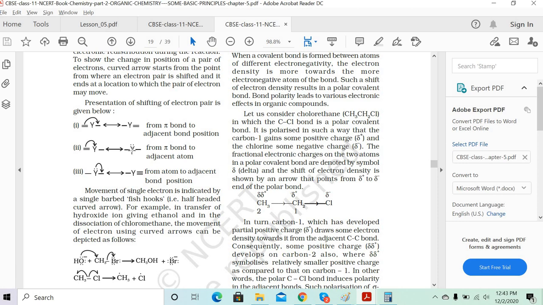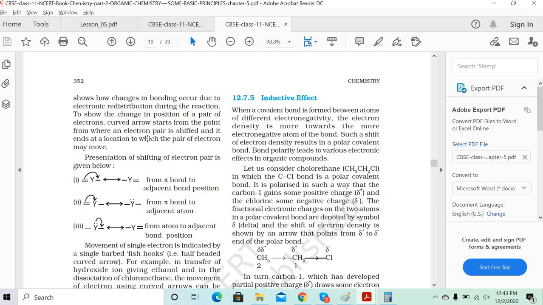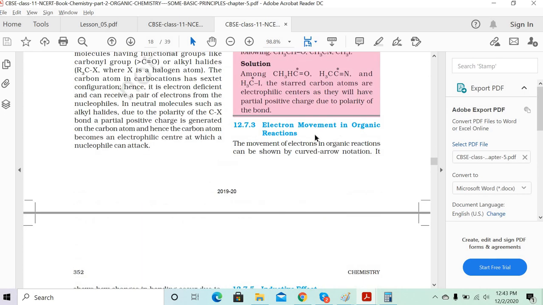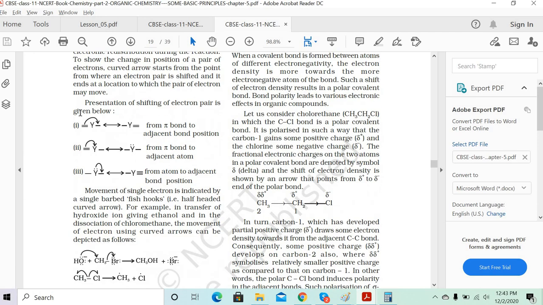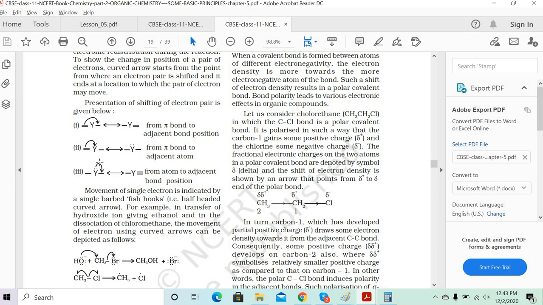In the third part, from the lone pair of electrons, it can again form the double bond on the right-hand side, and still all three are equal. So this is how we can represent the electron pair movement in organic reactions. Depending on the reaction, we will be talking in terms of all three. All three cases are possible.